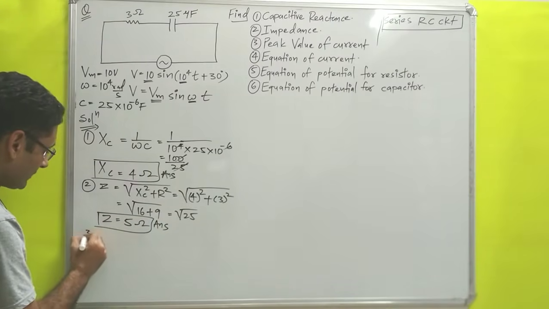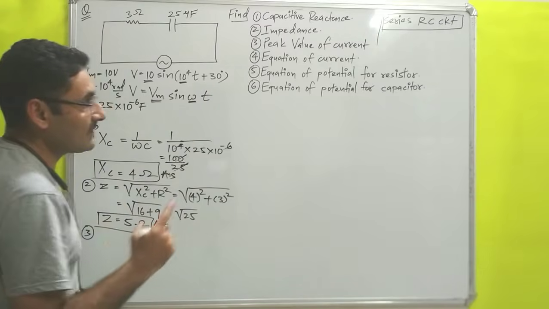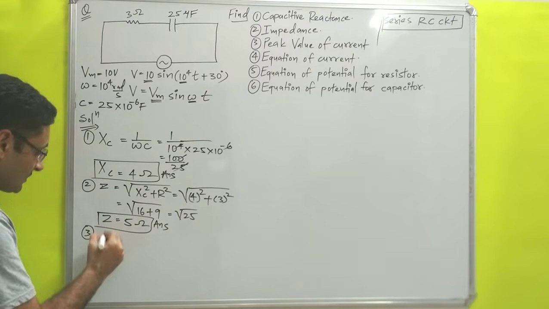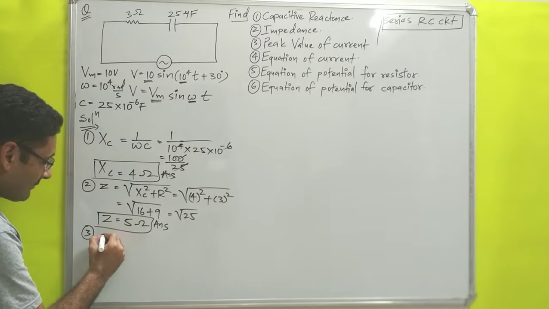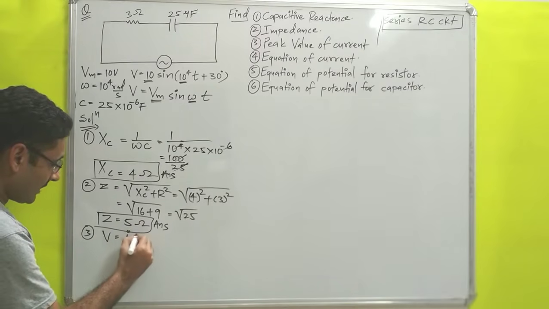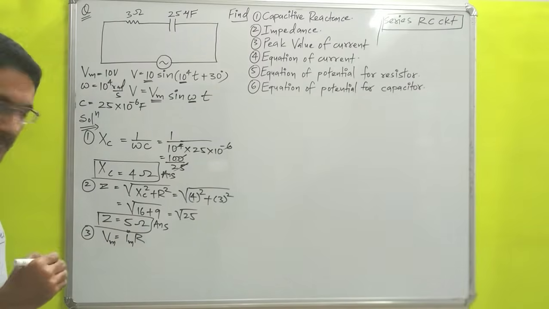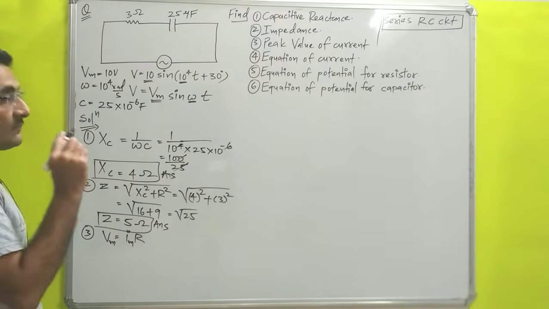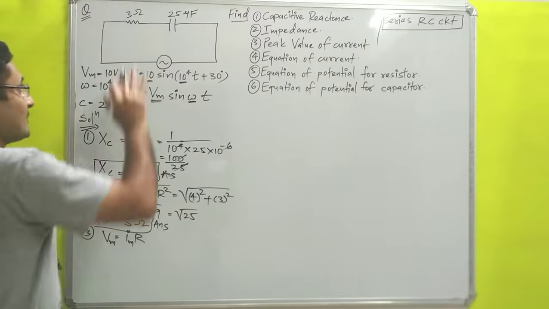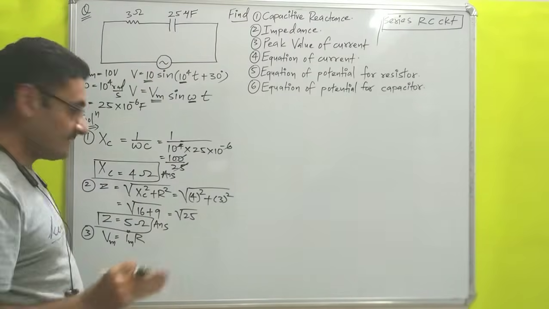Now we'll move on with the third portion. Third portion is peak value of current or maximum value of current. We'll apply Ohm's law. V is equals to IR. We want peak value, so Vm is equals to Im into R. As you know, we are considering impedance when two or more devices are connected with each other.